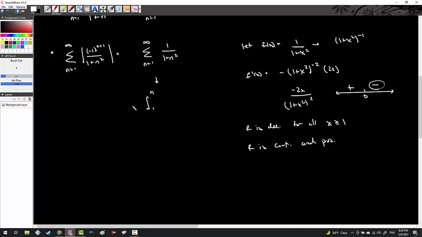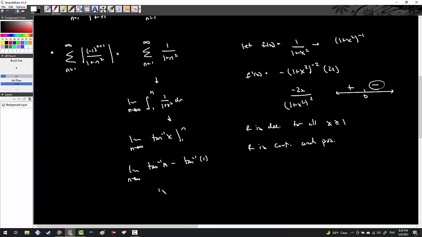So from 1 to n, limit as n goes to infinity of 1 over 1 plus x squared dx, which will integrate into tan inverse of x on 1 to n, limit as n goes to infinity. So I've got tan inverse of n minus tan inverse of 1, limit as n goes to infinity.